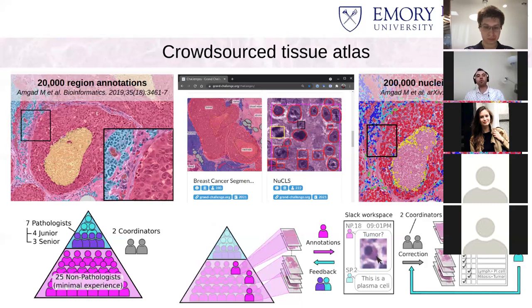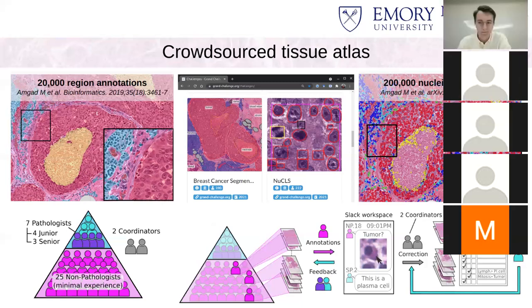I suspect if we used a crowdsourcing-focused platform, something like Crowdflower, or Toloka, or other crowdsourcing platforms... The reason we didn't use them is that these whole slide images are extremely large, so you need specialized software to view and pan the slide and so on, right? And that is not something we had access to.